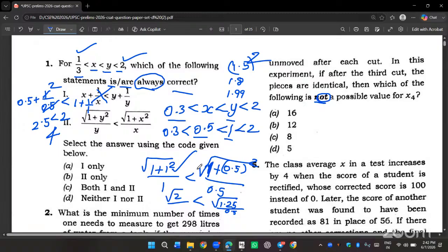So what can we do for this question? Here we have to take the mathematics into consideration. What is that?